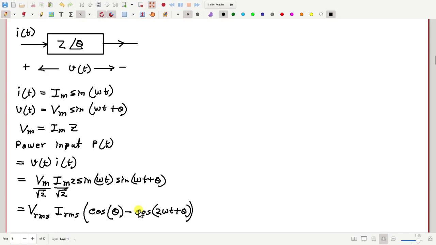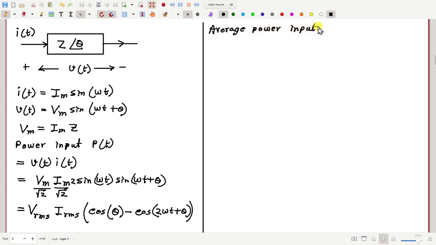But now let us calculate the average value of the power. Average power input is basically the time average of p(t).